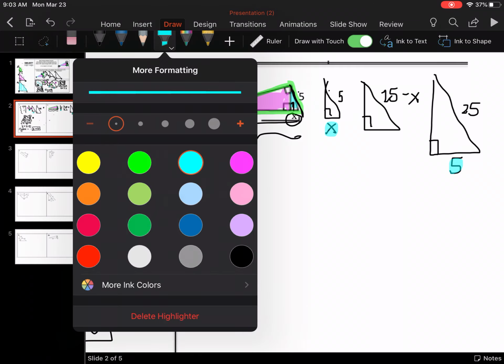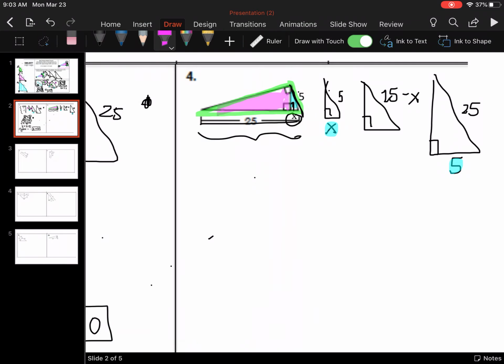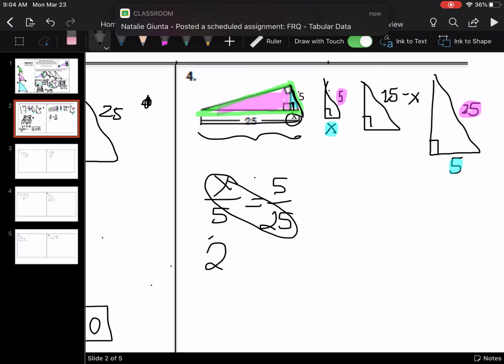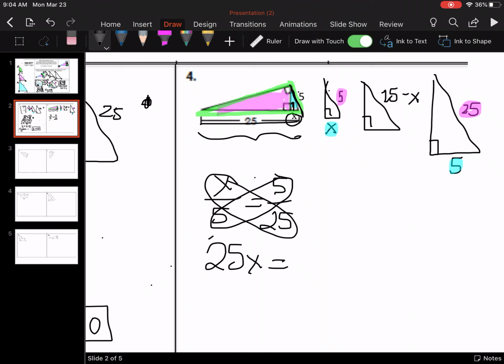We have the 5 right here with the 25 right there. So there's our proportion. We'll do x over 5 equals 5 over 25. Again, cross multiply. So 25x is equal to 5 times 5, which is 25. Divide both sides by 25, x is 1, which should make sense because this is really tiny here.